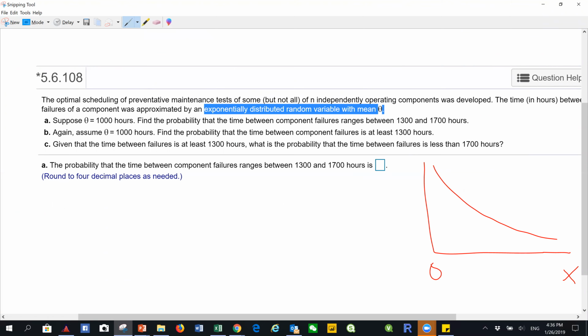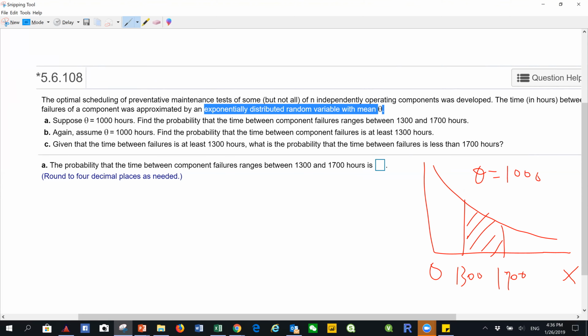The exponential function goes from 0 to positive infinity. And so to find the time between component failures in a range, suppose this is 1300 hours and this is 1700 hours. So what's this area? Given theta equal to 1000.